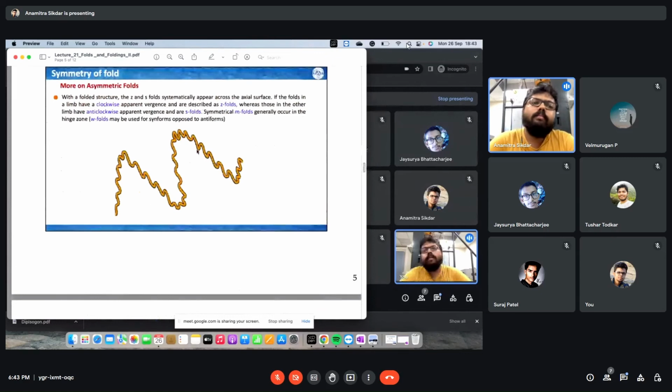Different parts of the anticlinorium and synclinorium folds, we will see that. So we have to consider what? Long, then short, then long. So this is more like a Z, maybe. No, this is S, I think, and this one is Z.